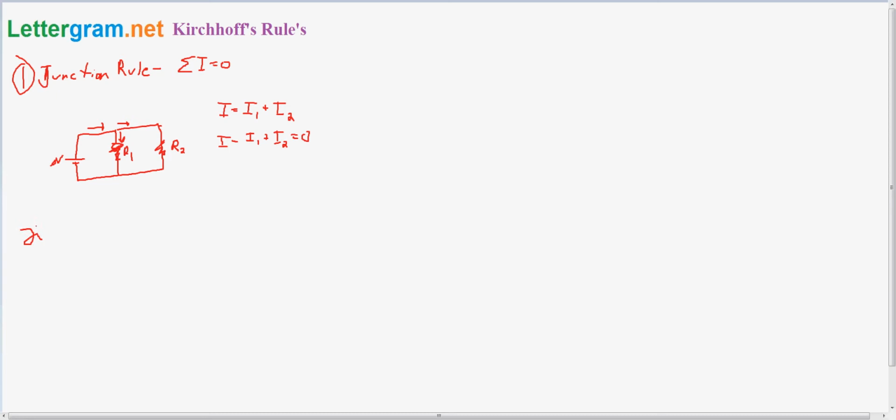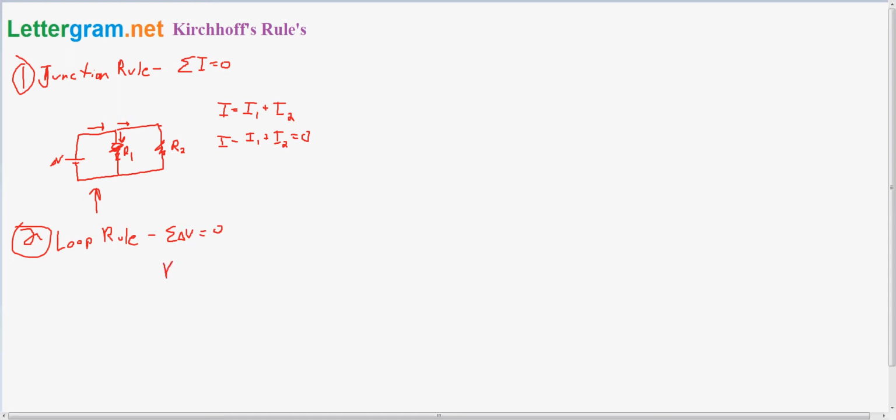For number 2, it's called the loop rule. And what that means is if there's any closed system, or like a closed loop, so there's a battery, basically what we have right here. If there's a battery and whatnot, the sum of the potential differences around any closed circuit must be equal to 0. So, change in potential must be equal to 0.